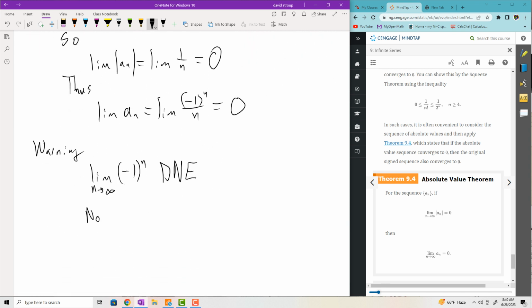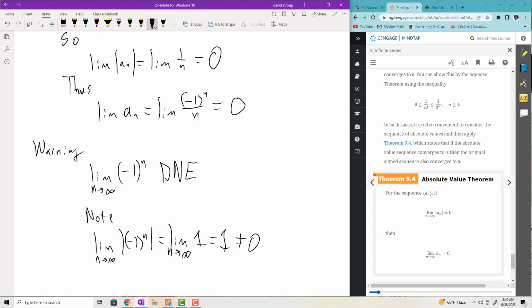So note here, if you took the absolute value, the limit as n goes to infinity of the absolute value of (-1) to the n is just the limit of 1. And of course, that's equal to 1. That's not equal to 0. So you don't have the same circumstances you do with the absolute value theorem. The limit of the absolute value has to equal 0 for us to apply this.